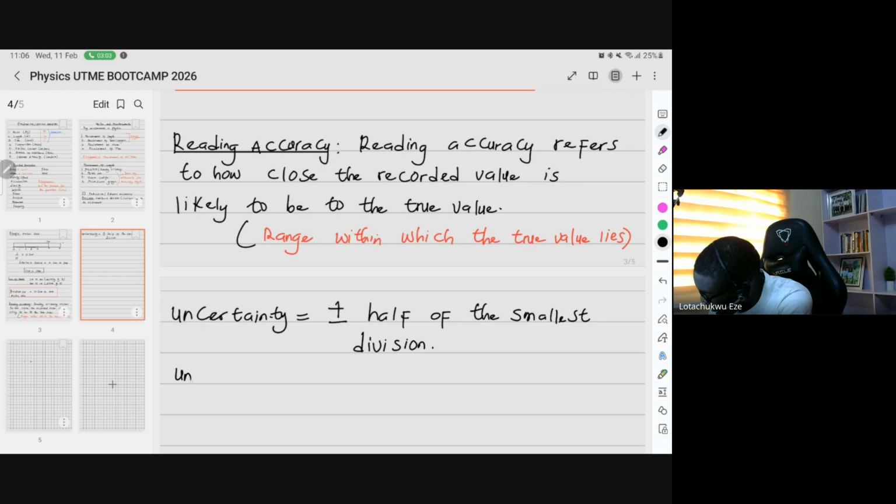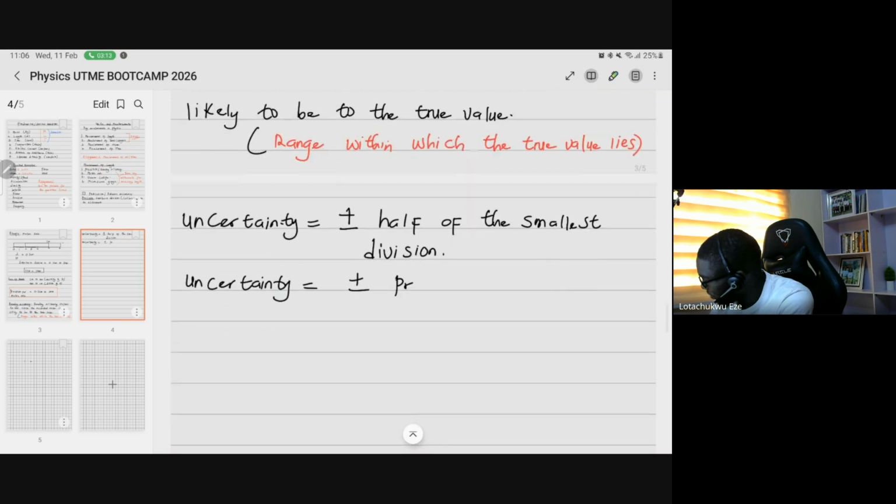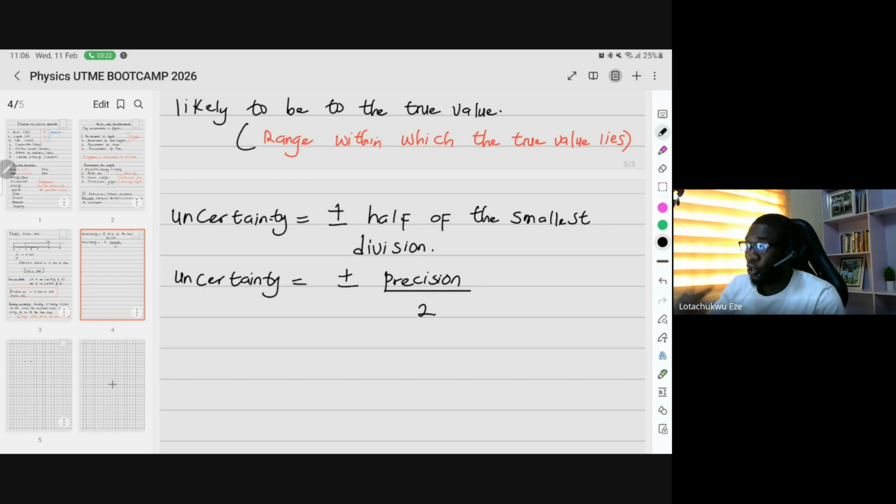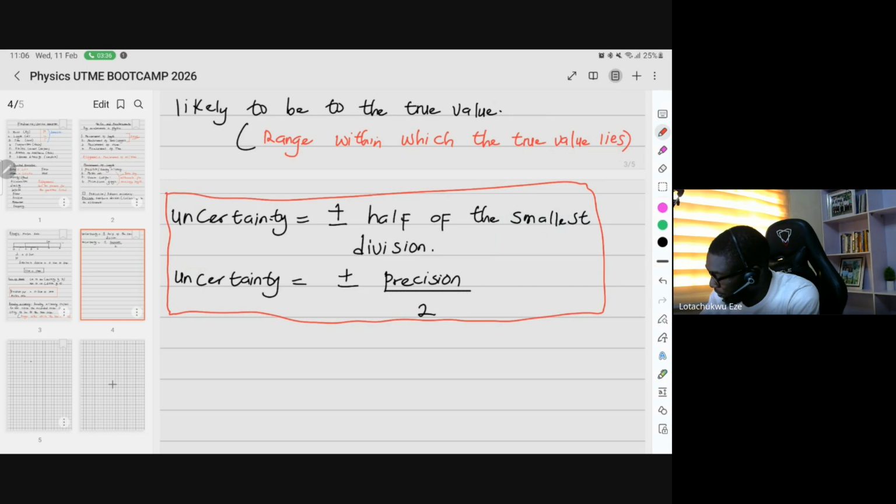So in simple terms, uncertainty is equal to plus or minus your precision divided by 2. Are we together, guys? That is what we would regard as your reading accuracy. So that's regarded as your uncertainty, and it is simply half of the precision.